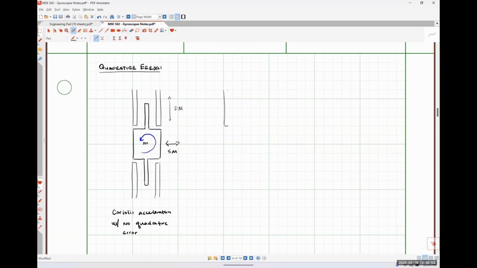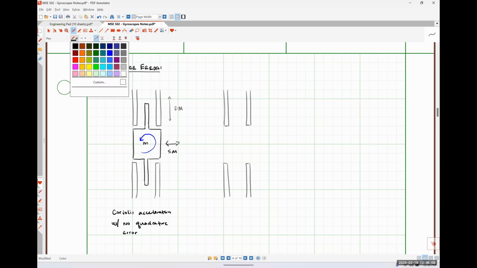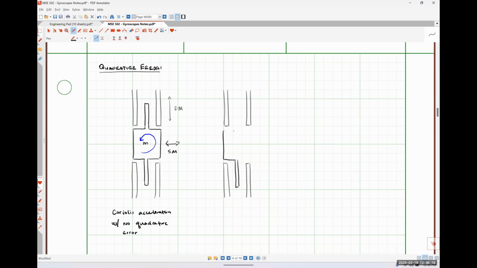Okay, so once again, just drawing my simplistic representation of my fingers and my mass system, like so.